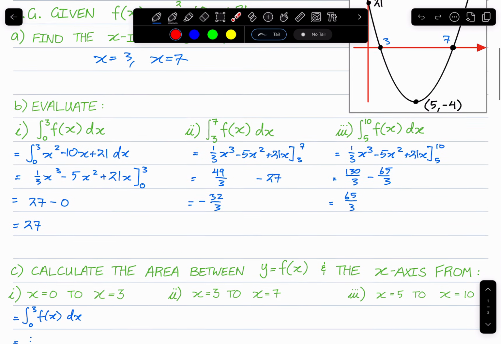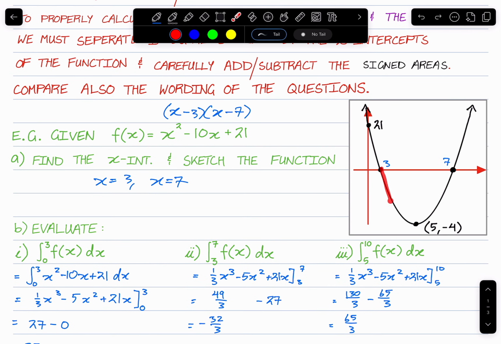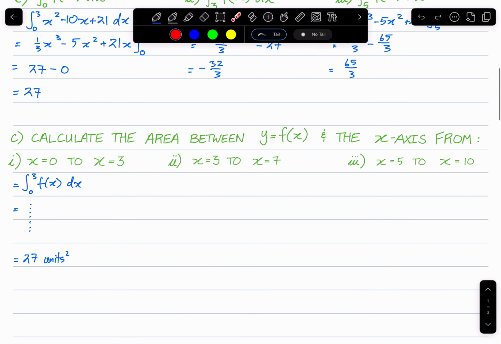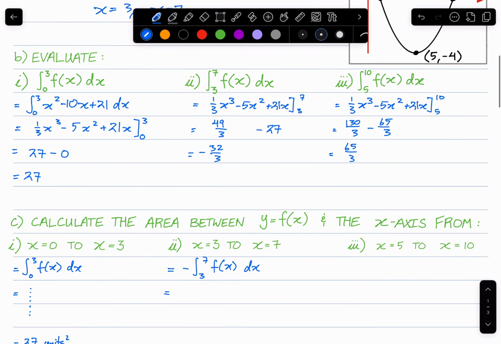Now for this one, take a close look. From 3 till 7, the entirety of the graph is below the x-axis. So because it is below the x-axis, this is equivalent to the negative of the integral from 3 till 7 of f of x dx, which we can do all of that again.